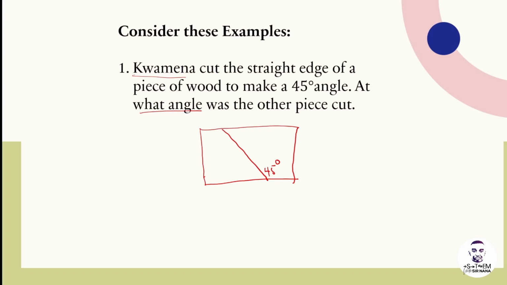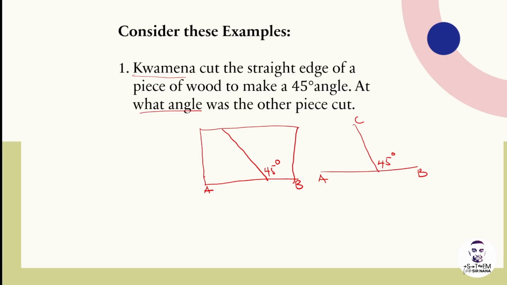So we can relate this in terms of angles, where we can have the line A and B, which is the line at the base here. And then we have a line that cuts the piece of wood, so this side is C. And then the angle here is 45 degrees.